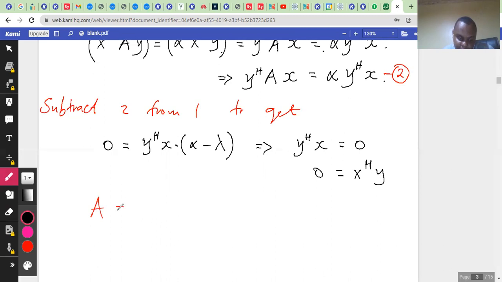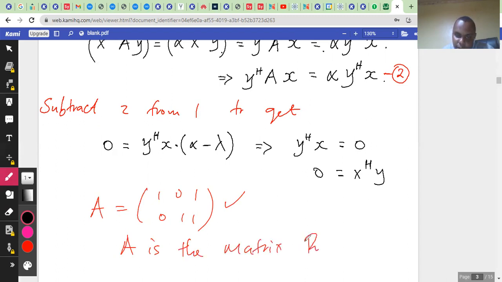They have given us a matrix A, 1, 0, 1, 0, 1, 1, right? And then they are asking us for its matrix representation. It's going to be itself. A is the matrix representation of itself. Let me see whether they found that to be the answer. No, they're trying to find a matrix from which it was transformed.